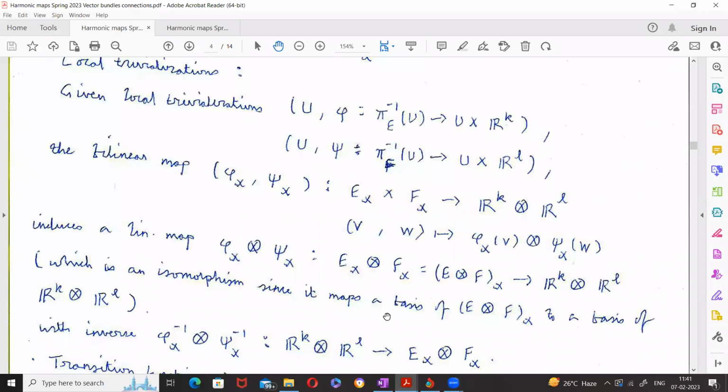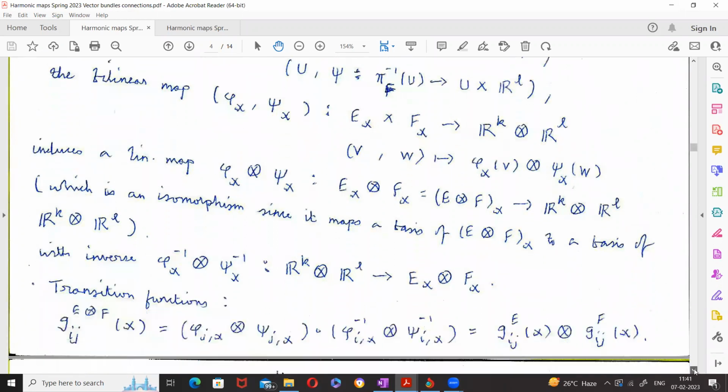So point-wise, given the tensor product of the fibers Ex and Fx, we get an isomorphism phi_x tensor psi_x from Ex tensor Fx to R^k tensor R^l. So point-wise, we get these maps.